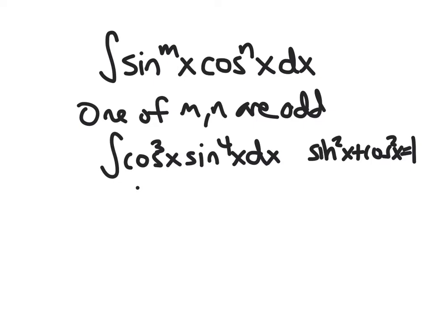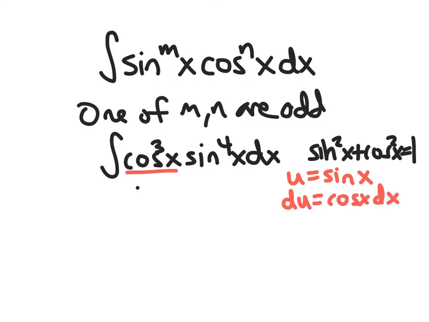In this case, since cosine has the odd power, this is the one we want to reduce to the first power so that u will be sine. So we want u to be sine x, and so du should be cosine x dx. So cosine is the one that we need in the first power.